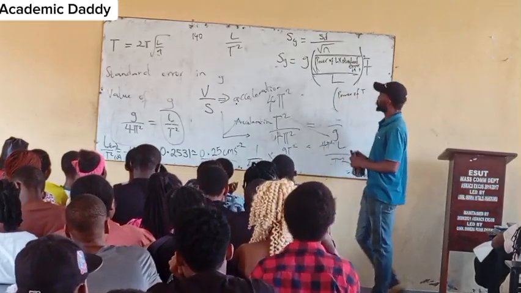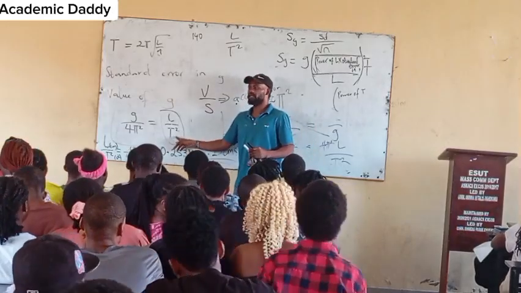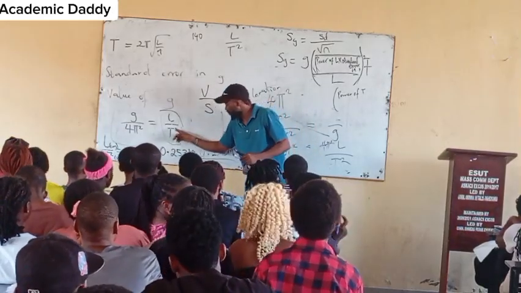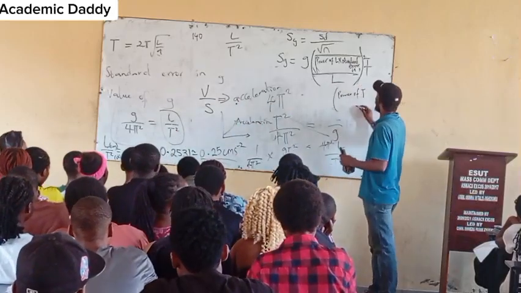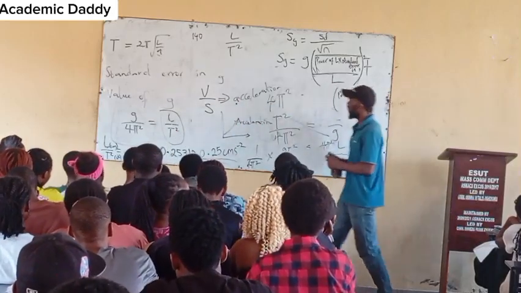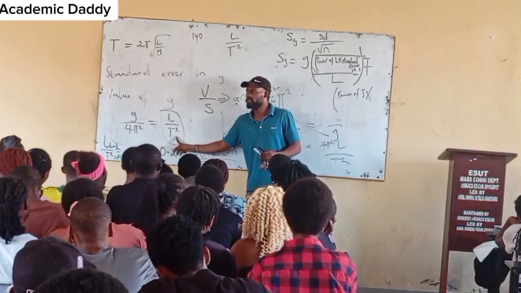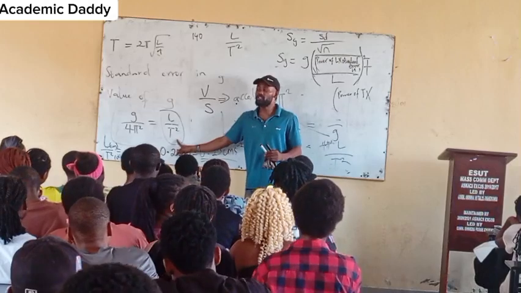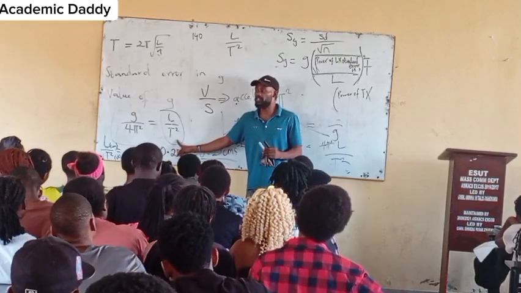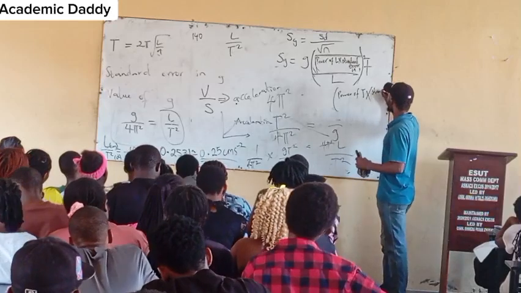The power of T is 2, times the standard error in T. How many decimal places is our T? 2, which means the standard error is 0.01. So, times the standard error in T.